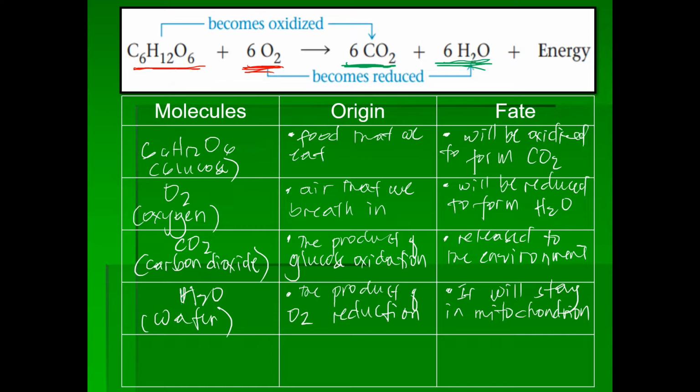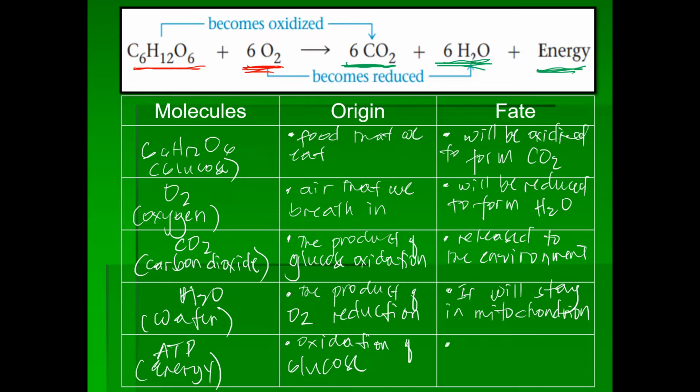And lastly, the last product is energy, in the form of ATP. So where does it come from? ATP will come from the oxidation of glucose molecule. So what will happen to ATP?